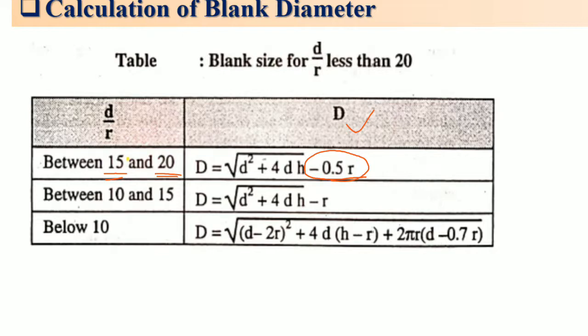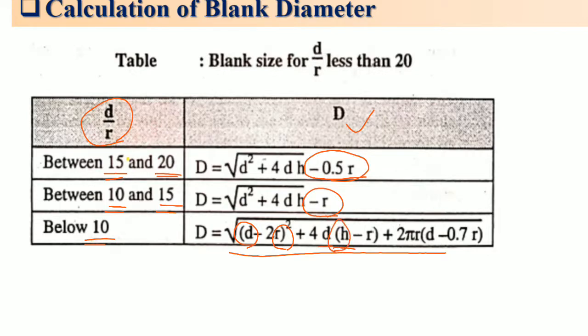If the d by r ratio, shell diameter to corner radius, is 10 to 15, we will subtract small r, the radius, and for below 10 the equation is completely changing. Here d is shell diameter, small r is corner radius and h is the shell height.